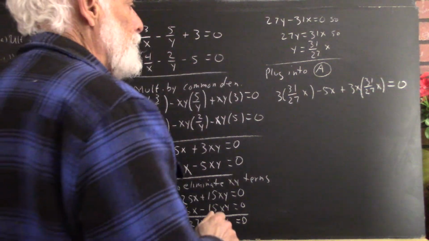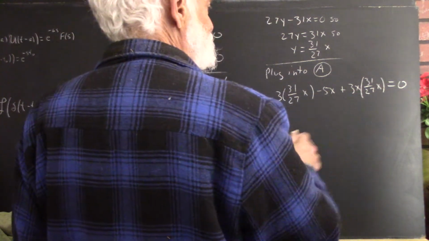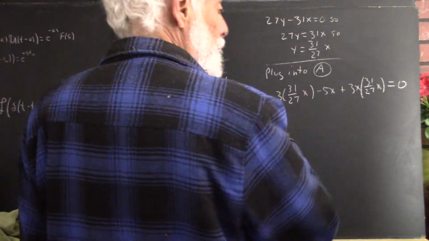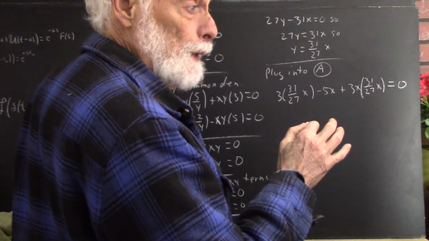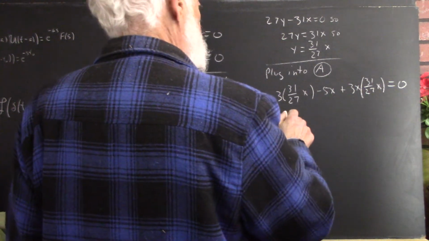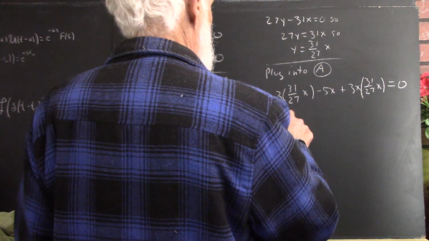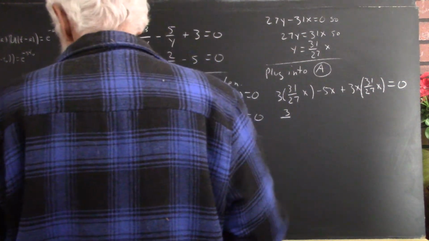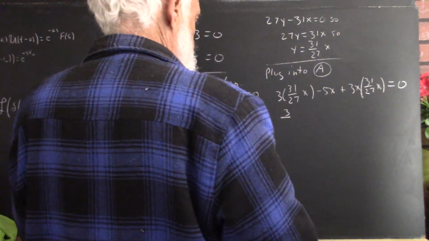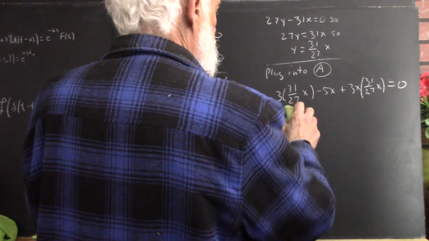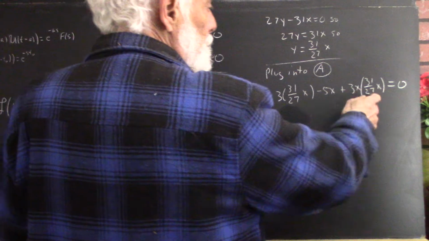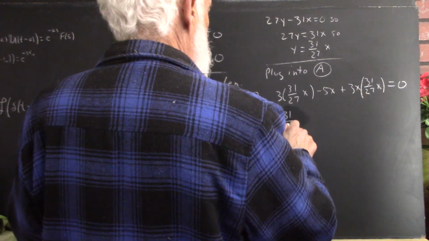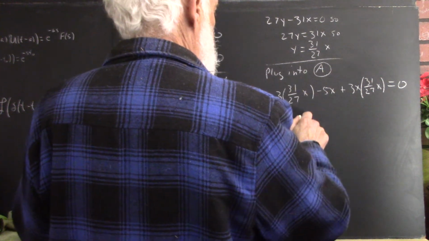Okay? And this is going to give us an x squared term. We're getting a quadratic again. And most of these equations are going to end up with a quadratic. So we end up with, think before writing, 3 goes into 27 9 times. We end up with 31 over 9, x squared.